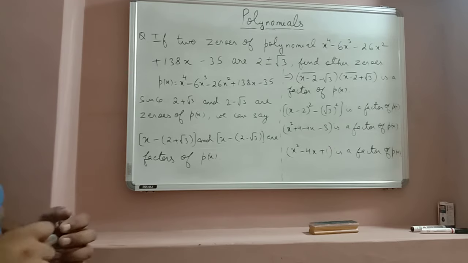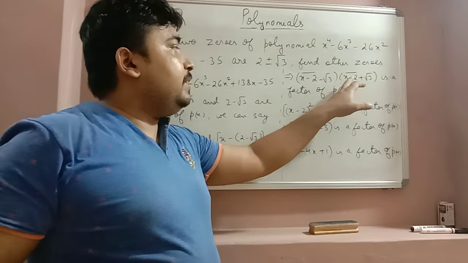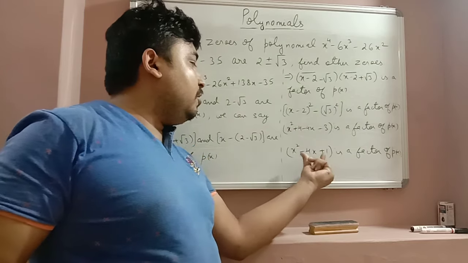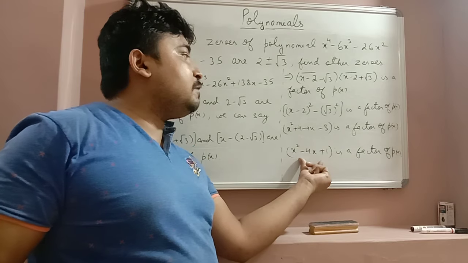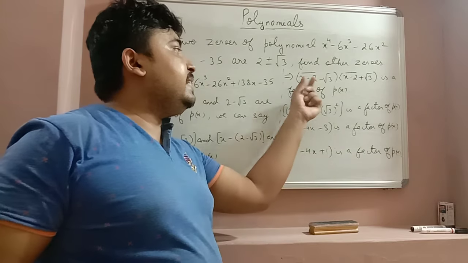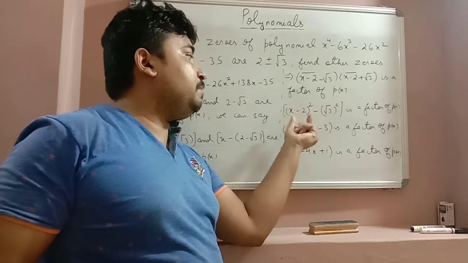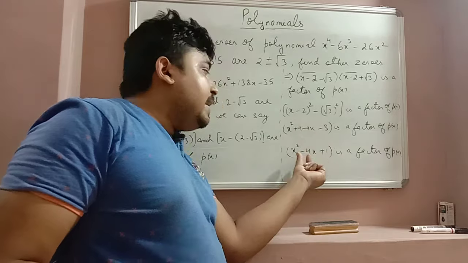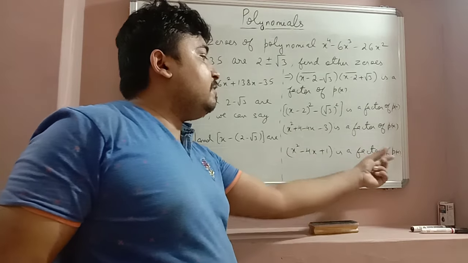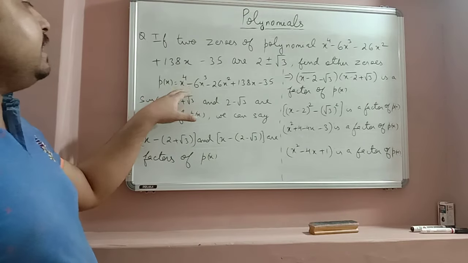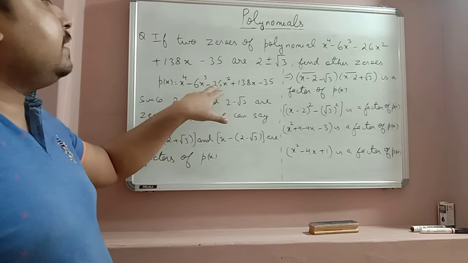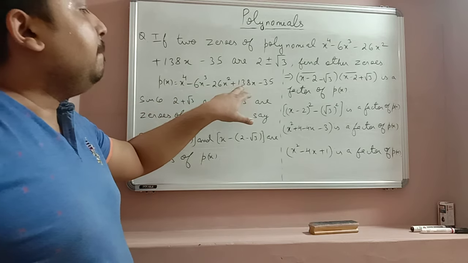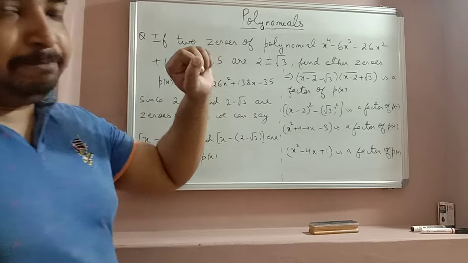So on simplifying x minus 2 minus root 3 into x minus 2 plus root 3, I got x square minus 4x plus 1 by using the identity a minus b into a plus b, that is a square minus b square. So we conclude that x square minus 4x plus 1 is a factor of p of x, and p of x is x to the power 4 minus 6x cubed minus 26x square plus 138x minus 35.